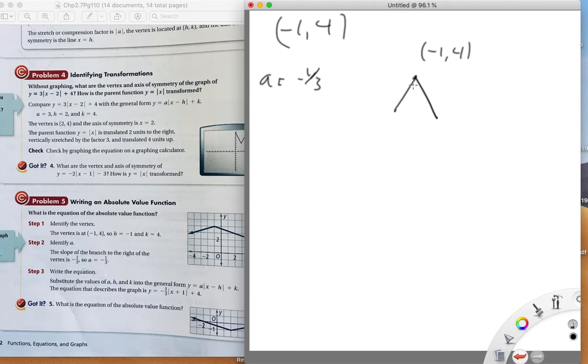And it's going to be compressed, so it's going to be a little bit wider. It says k is 4, so I know it's going to be moved up 4 spots. So if I put it into function form, it'd be y equals negative 1/3 times the absolute value of x plus 1, plus 4. So it's going to be moving one spot to the left, facing downward, and moving 4 spots up.